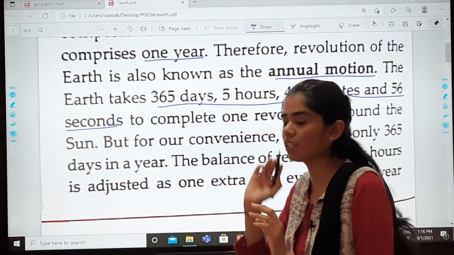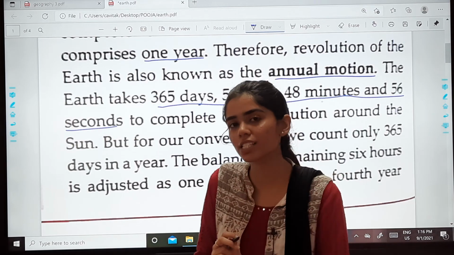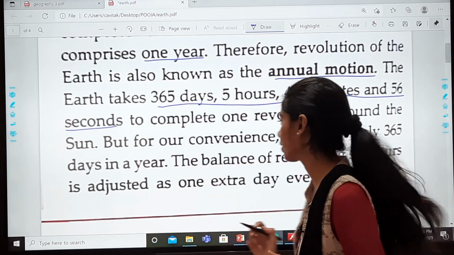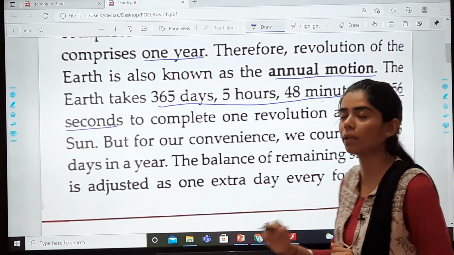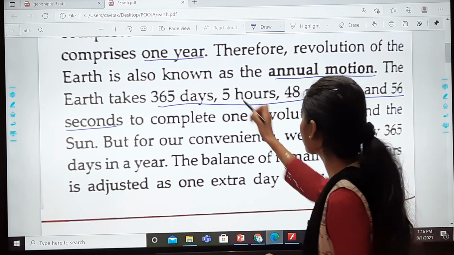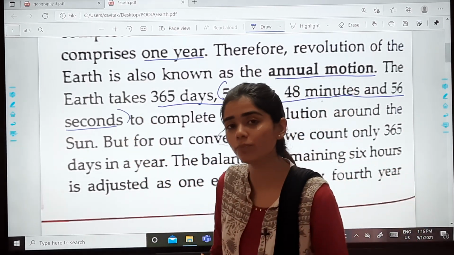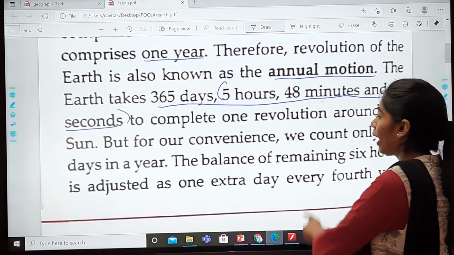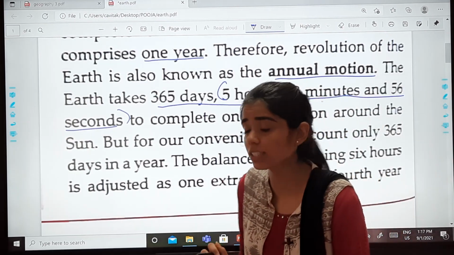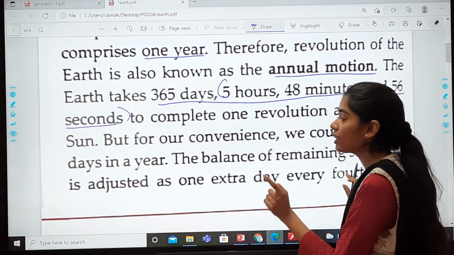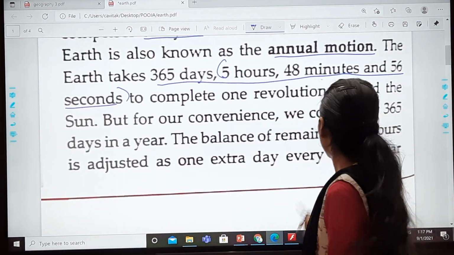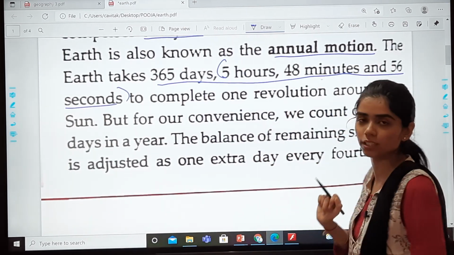But for our convenience, we write 365 days in a year. The balance of the remaining 6 hours is adjusted as 1 extra day every 4th year.